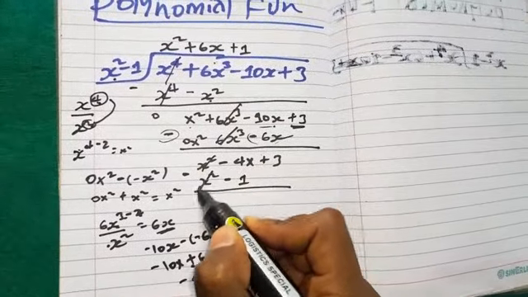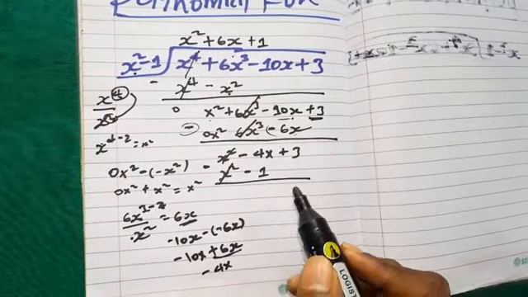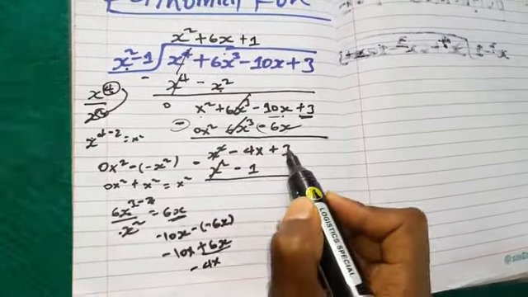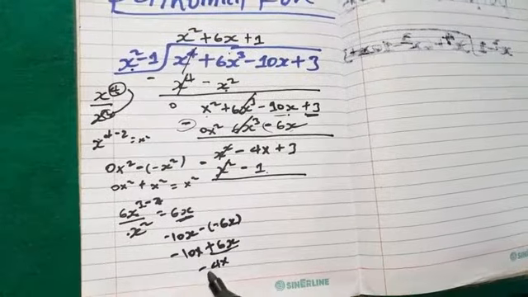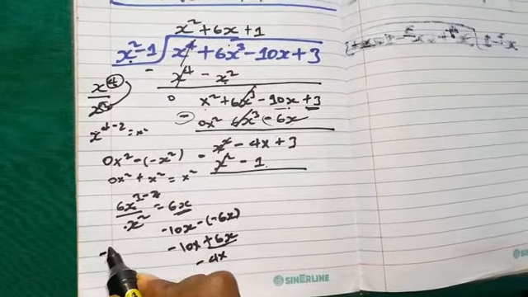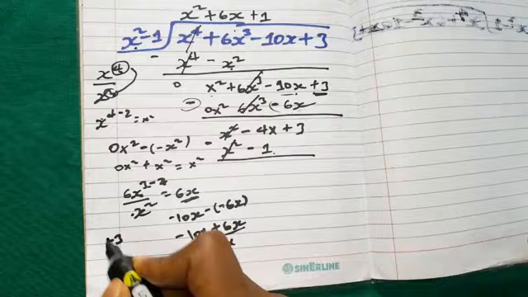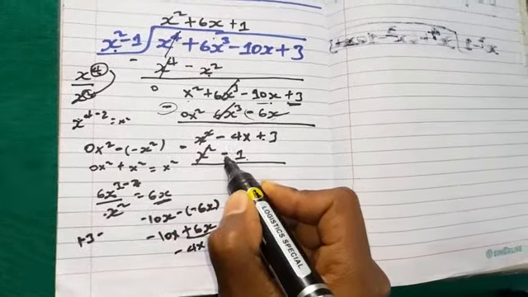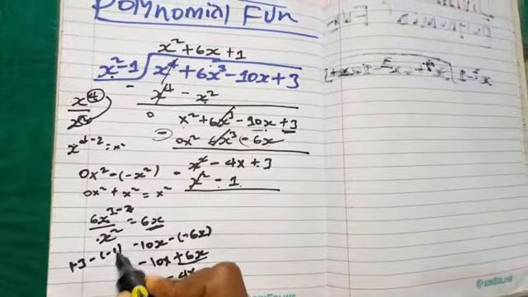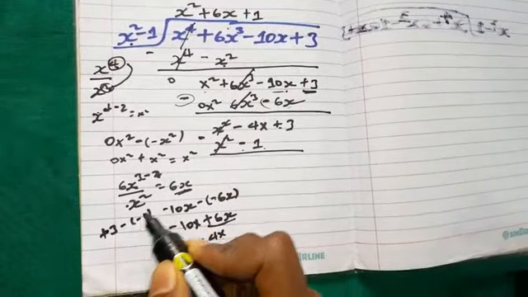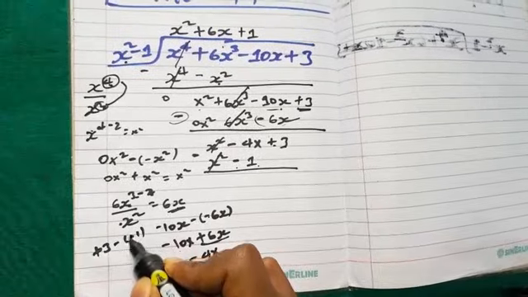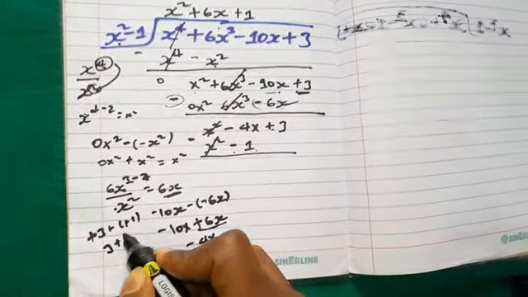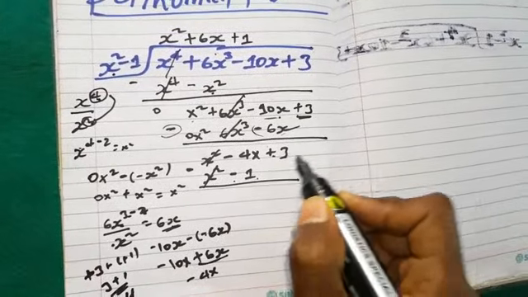Then plus 3 minus minus 1: minus times minus means positive. Then 3 plus 1 means 4. For this reason there is 4.